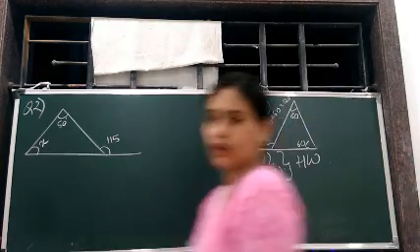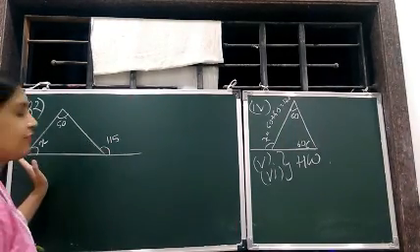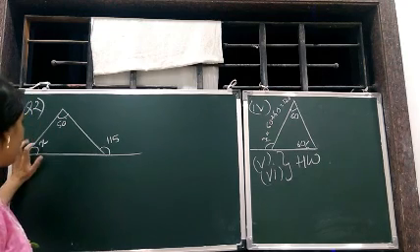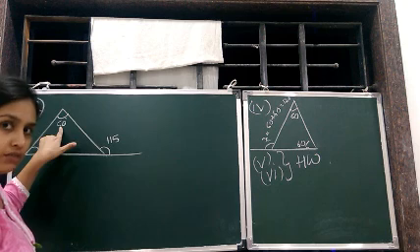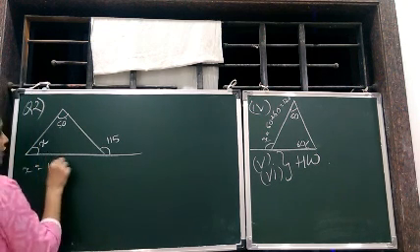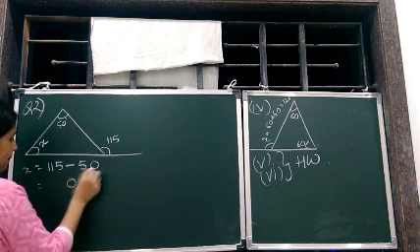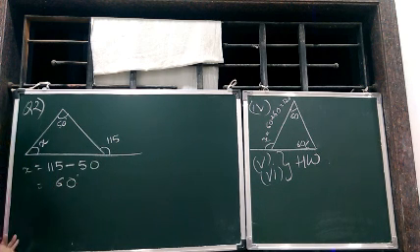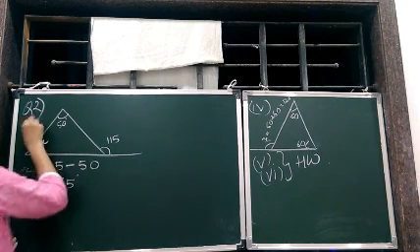Now, again the property: the exterior angle is equal to the sum of the interior angles. So if we want to know this x, we subtract 115 and 50. वहाँ से आपको पता चल जाएगा कि x क्या है. So x is equal to 115 minus 50. So it is 65 degrees.